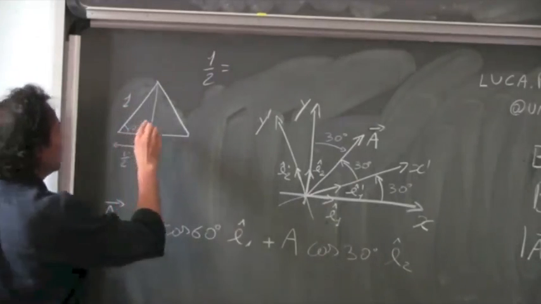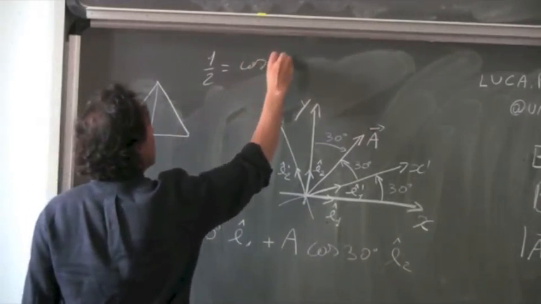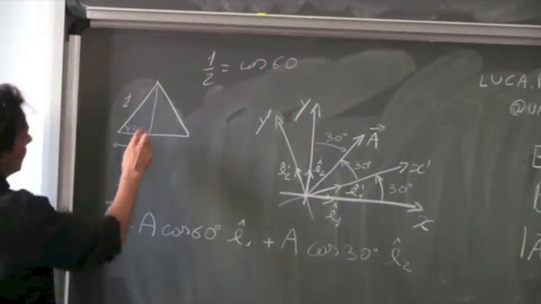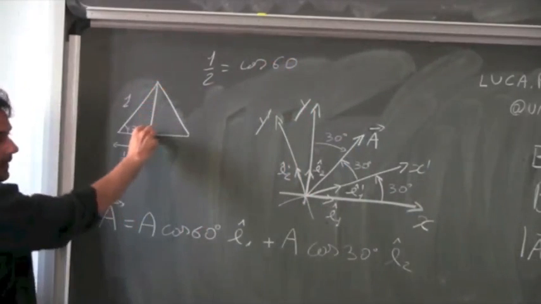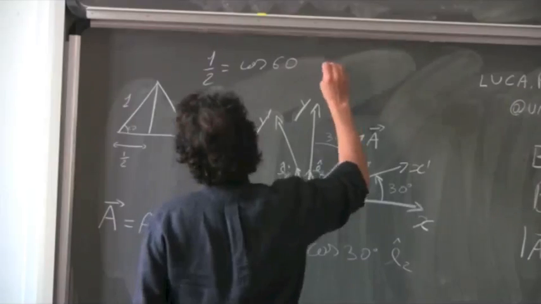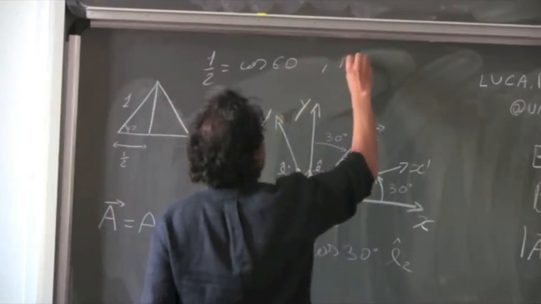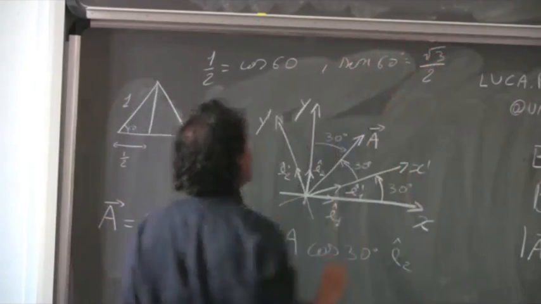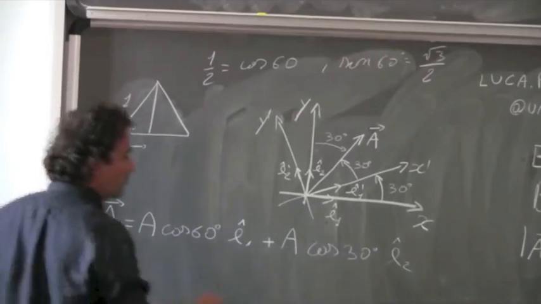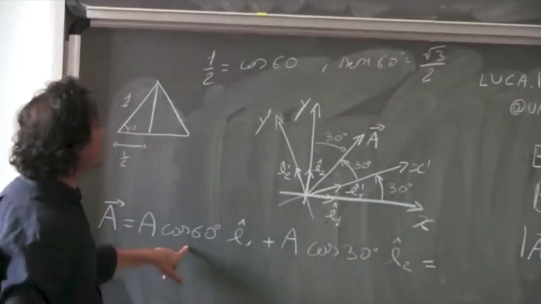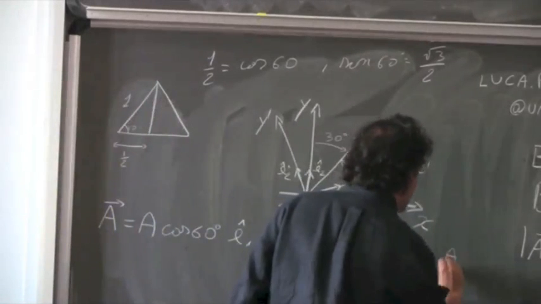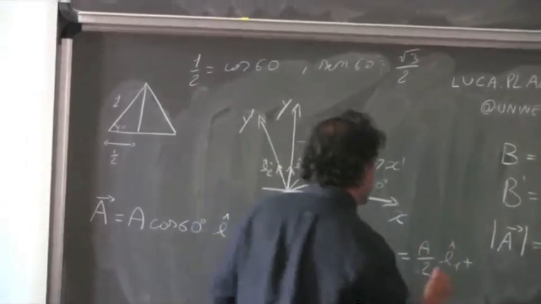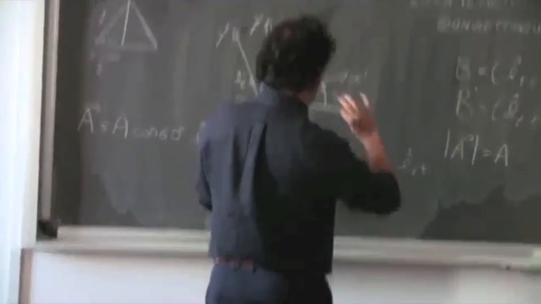And so 1/2 is equal to cosinus of 60. And one can also derive that this length is sinus of 60, that is square root of 3 divided by 2. This means that here the cosinus of 60 is 1/2, so A over 2 e1 plus cosinus of 30.